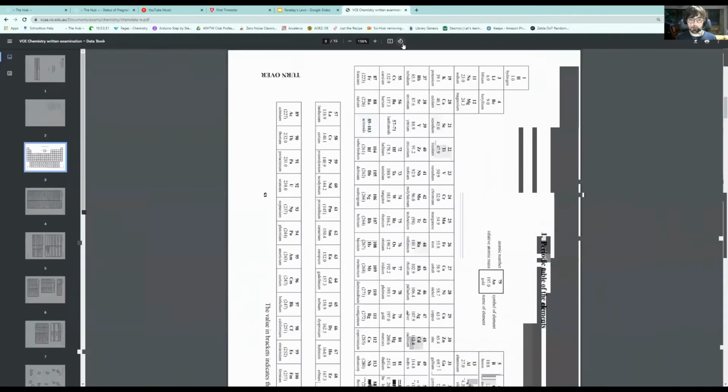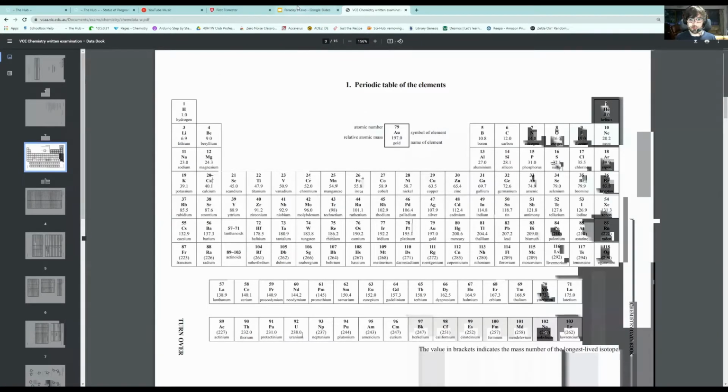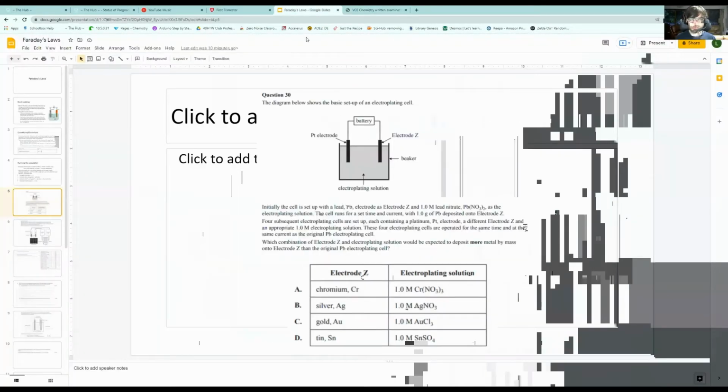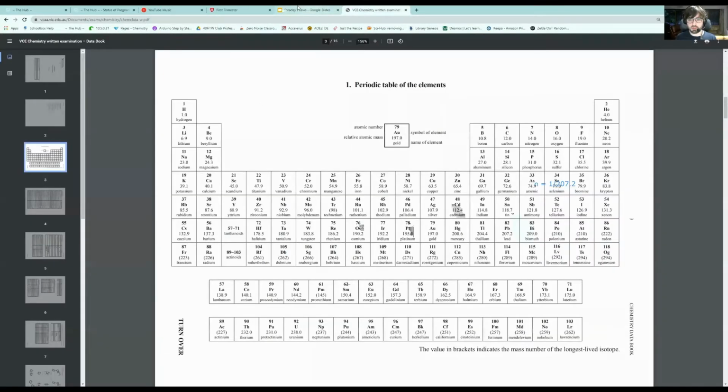There we go. So lead is 207.2. Oh, my screen went away because I stopped sharing. But basically, we've got the amount is going to be equal to our mass, which is 1, and our molar mass, which was 207.2, right? Yep.